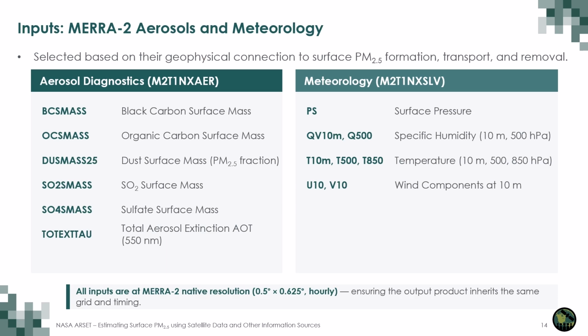These variables help represent both primary and secondary particle sources. On the meteorological side, we use surface pressure, humidity, temperature at multiple levels, and 10-meter wind components to capture boundary layer dynamics and atmospheric mixing.